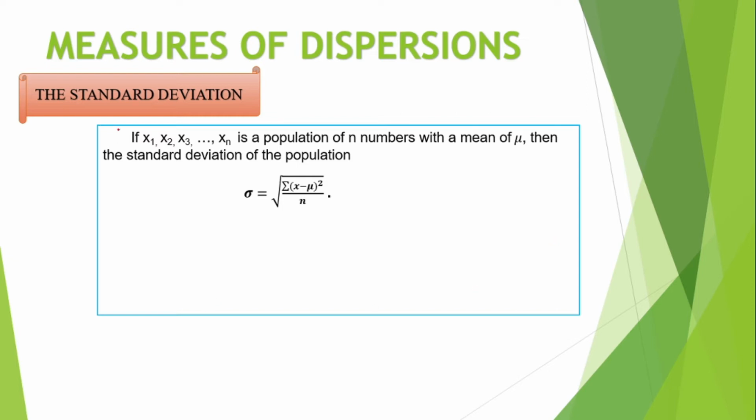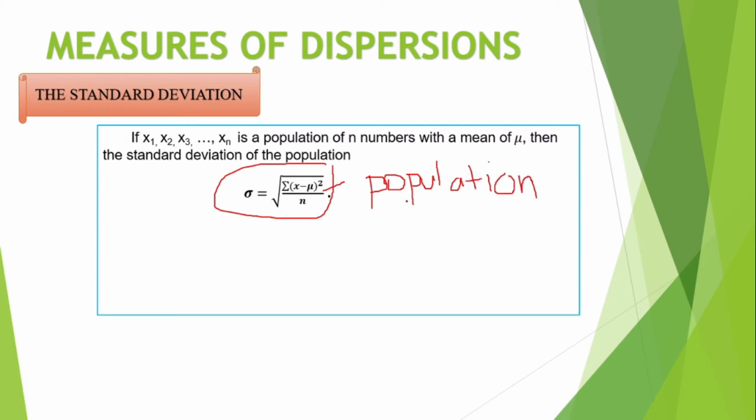If x sub 1, x sub 2, x sub 3 until x sub n is a population of n numbers with a population mean, then the standard deviation of the population is equal to the square root of the summation of x minus the mean of the population, squared, all over n. This is the formula to find the standard deviation if the given set of data is a population.